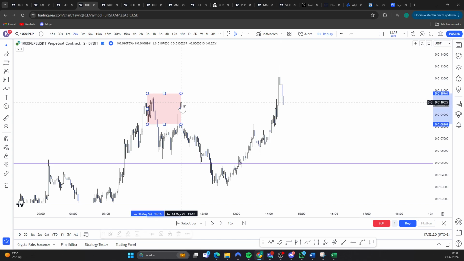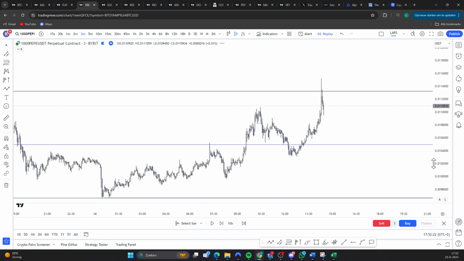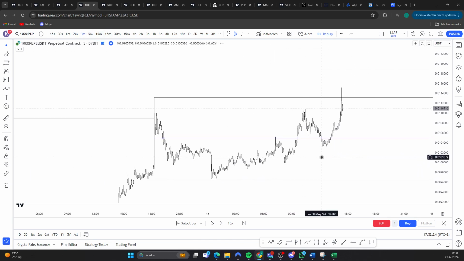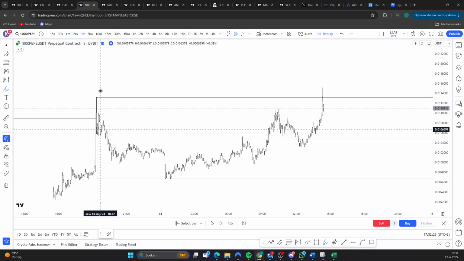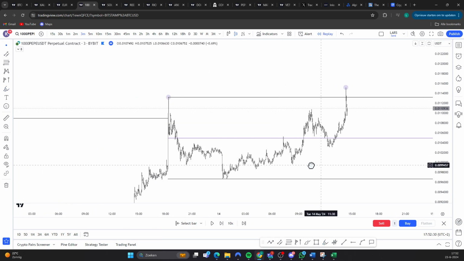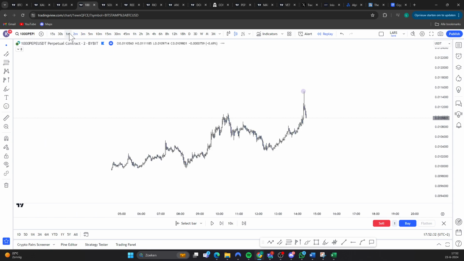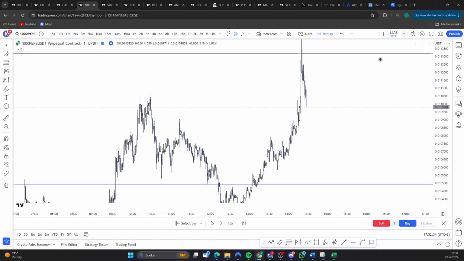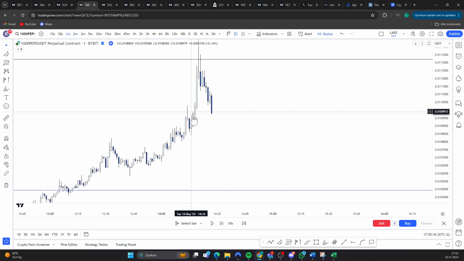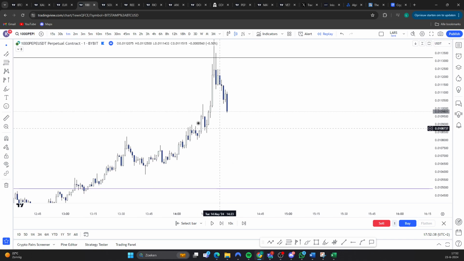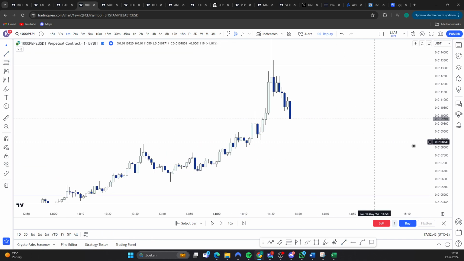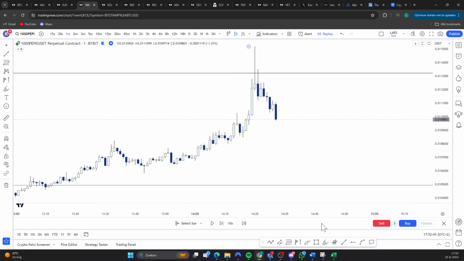There you go. Extreme point taken. Range high. Sweep of your range high. Let's look at the most local structure that we have from the low up. Not really anything. These aren't two candles, it's a doji candle.